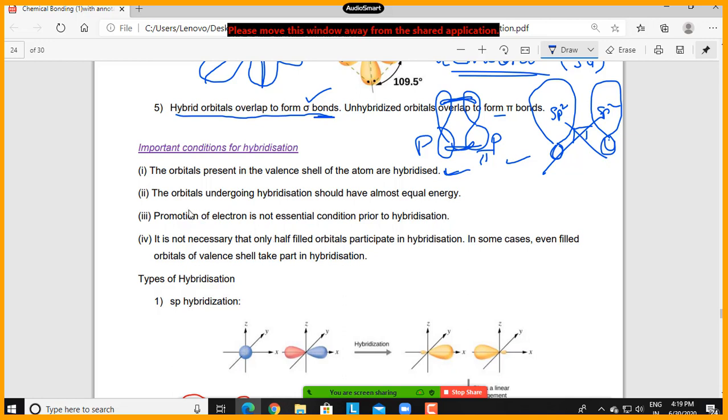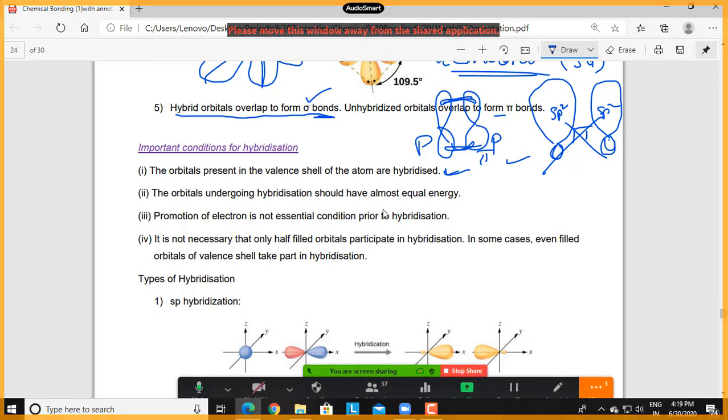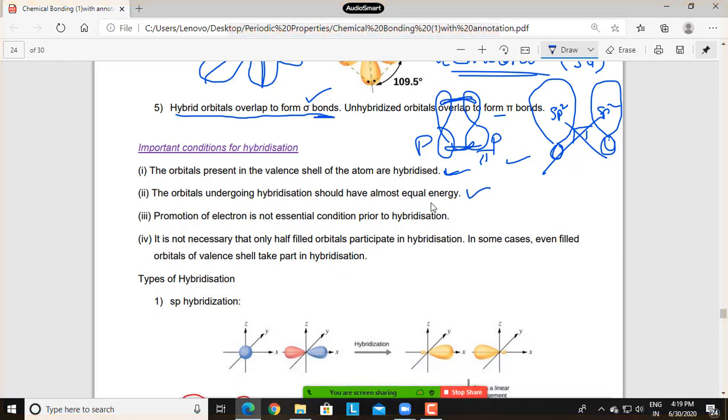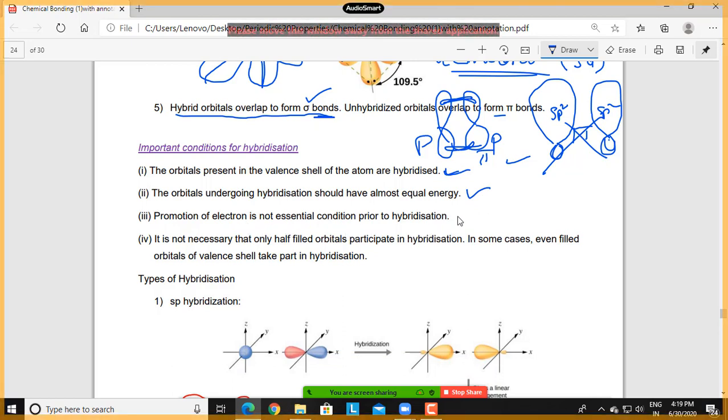Now see, the orbitals undergoing hybridization should have almost equal energy. The hybrid orbitals have equal energy, that is all he is telling. Promotion of electron is not an essential condition prior to hybridization.